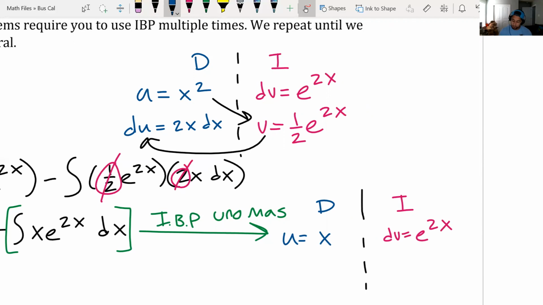Take the derivative, du equals 1 dx. V equals 1/2 e to the 2x.